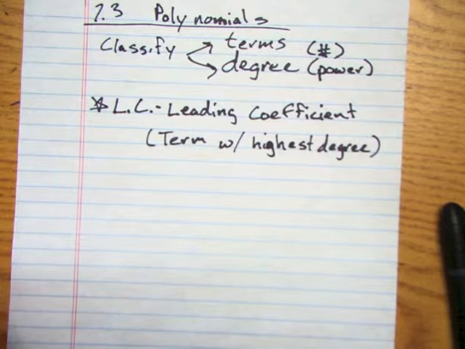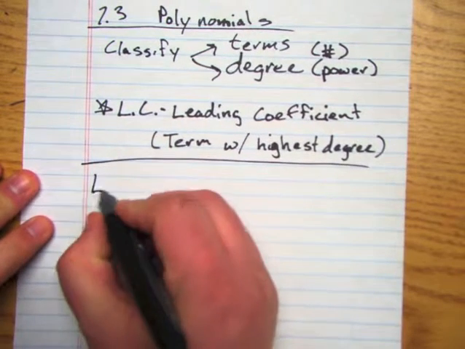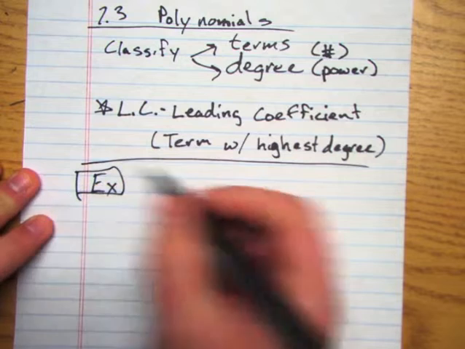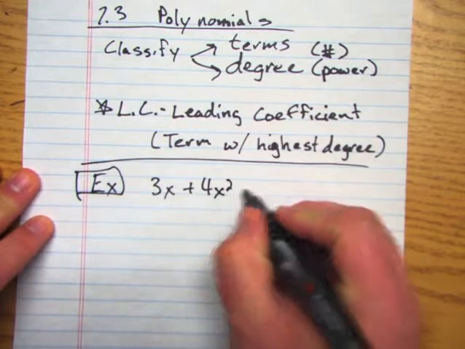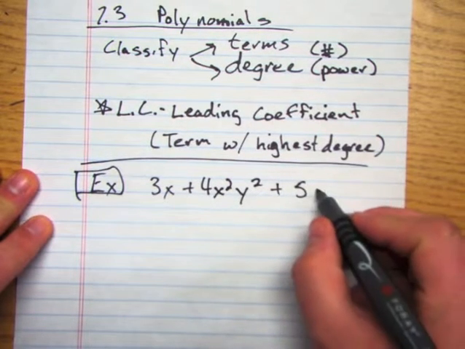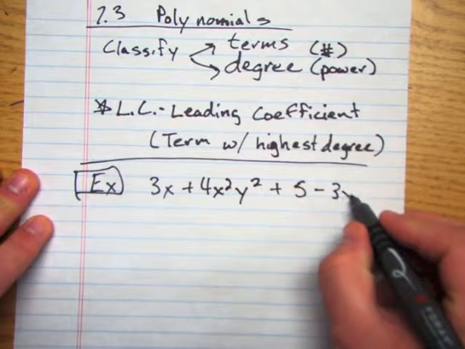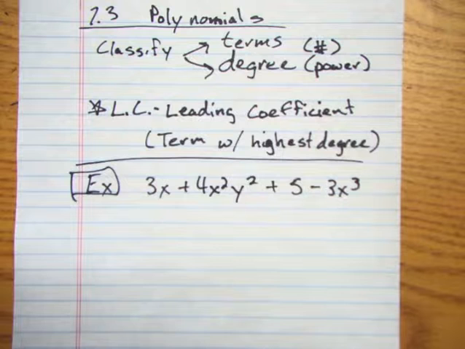So if I were to write down, okay, that's a polynomial expression: 3x, 4x squared y squared, plus 5 minus 3x cubed.